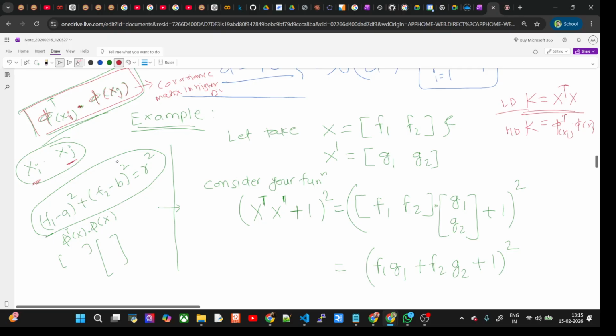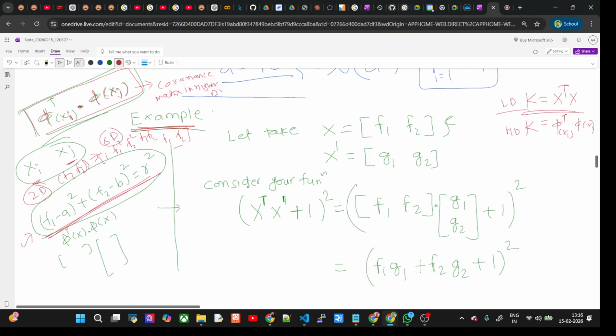So for that reason, we just take one example, and there will be other examples. Like the circle example we took yesterday, f1 minus a whole square and f2, we project that 2D data f1 comma f2 into 6D: 1, f1 square, f2 square, f1 f2, f1 and f2.